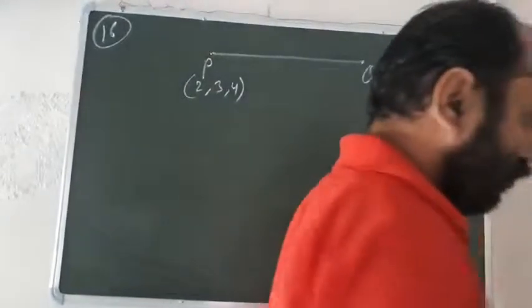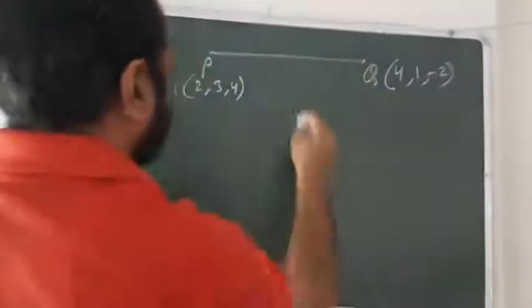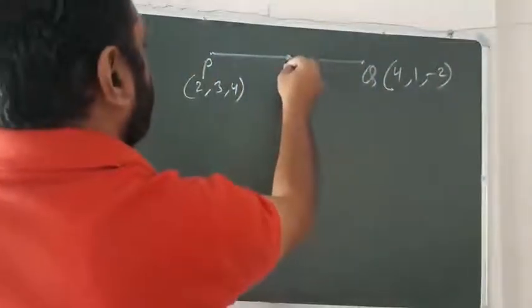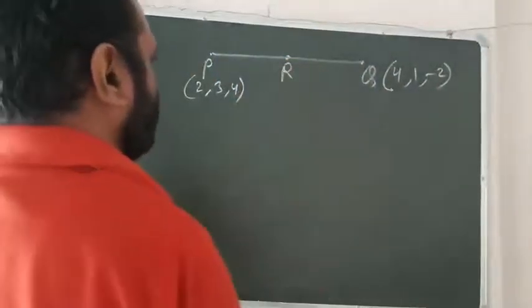You have to find the position vector of the midpoint. Let R be the midpoint of this.